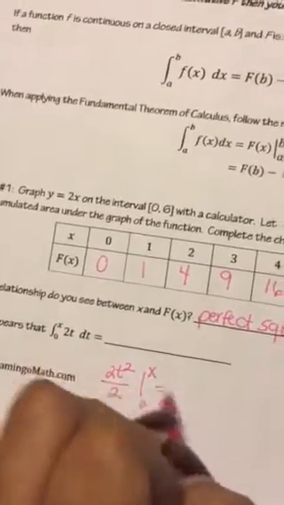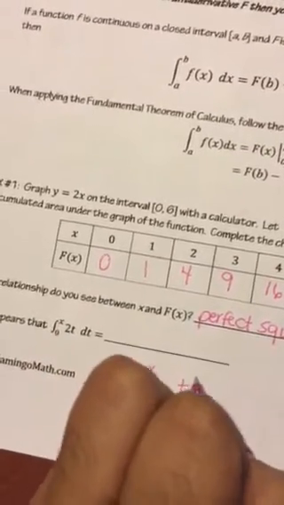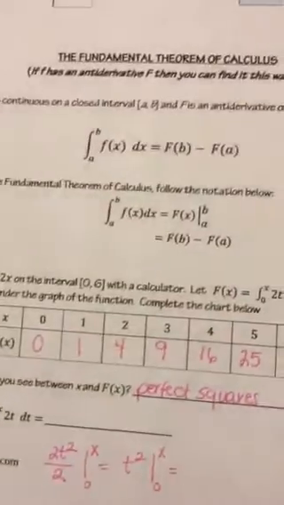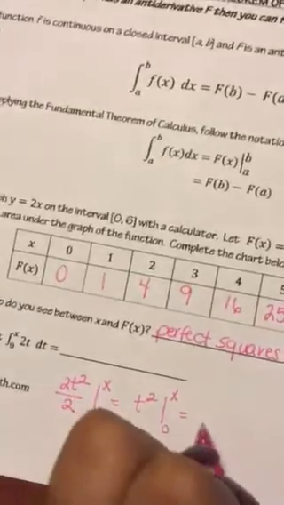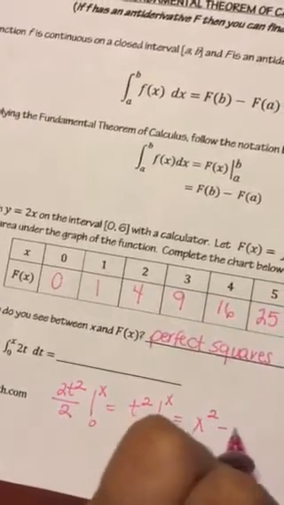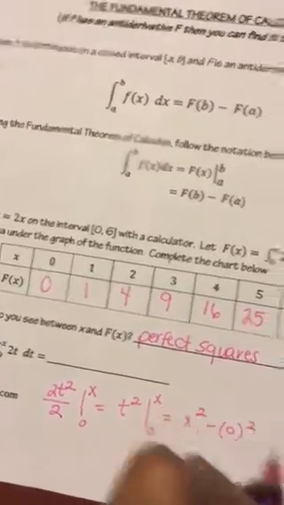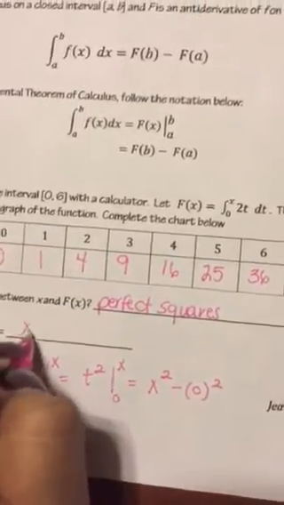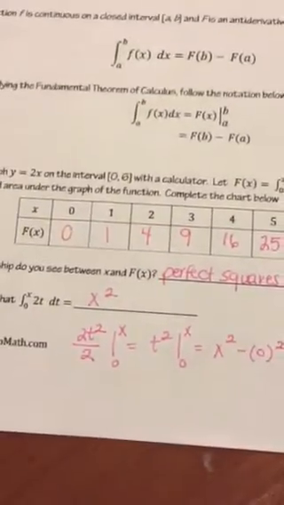If we simplify that, that's just t squared from 0 to x. And if we apply the fundamental theorem of calculus, that's x squared minus 0 squared. 0 squared is just 0, so we end up with the answer x squared.